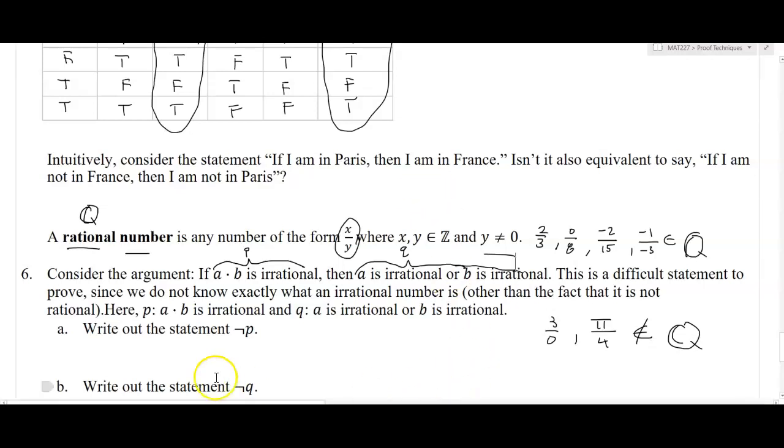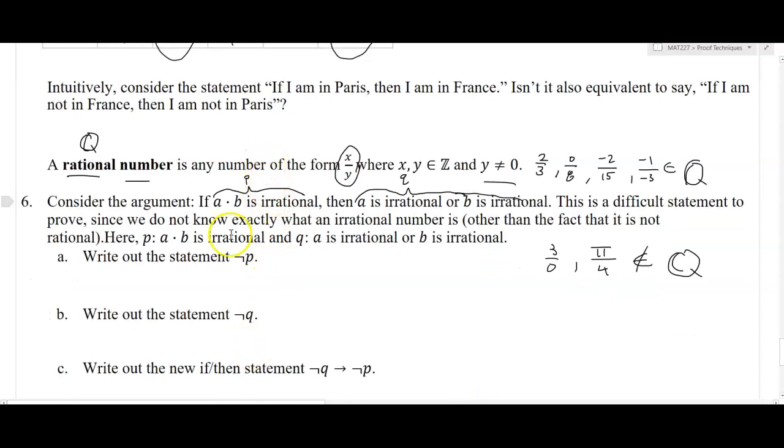But if I take the negation of something, so not P is the statement that A times B is not irrational. And what does it mean to say A times B is not irrational? Well, if it's not irrational, that means it has to be rational.